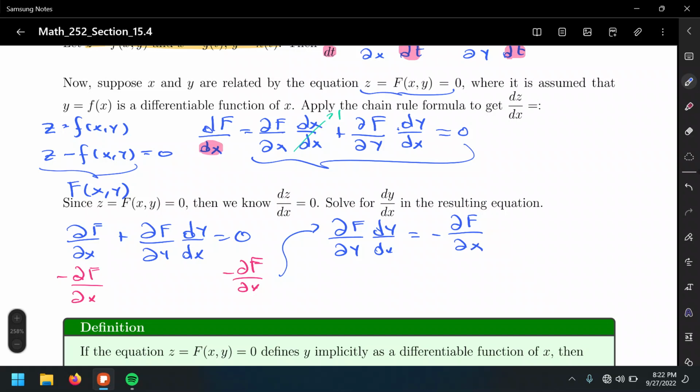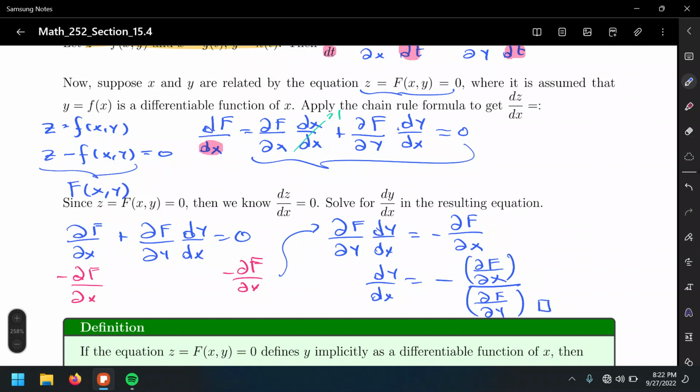And then we're only one step away from getting dy dx. All we need is to divide both sides by partial f with respect to y. So dy dx equals negative partial f with respect to x divided by the partial f with respect to y. And this is the formula that we were looking for.